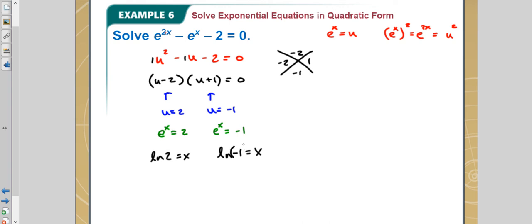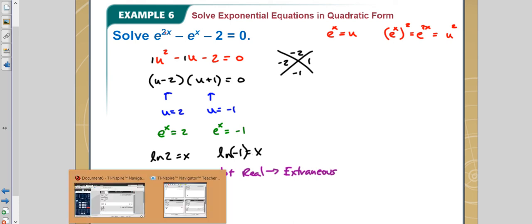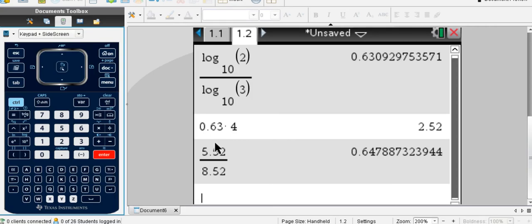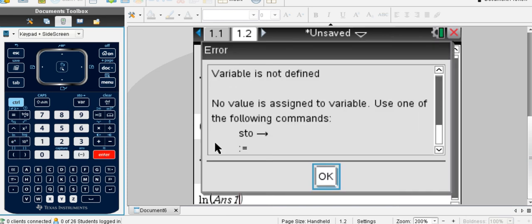Now here's the deal with this negative 1: that's not real. So this would be an extraneous answer because you cannot take the log of a negative number, whether natural log or normal. If you're not sure, I can go over and type it in for you. If I did natural log of negative 1, you'll see that that's not real.